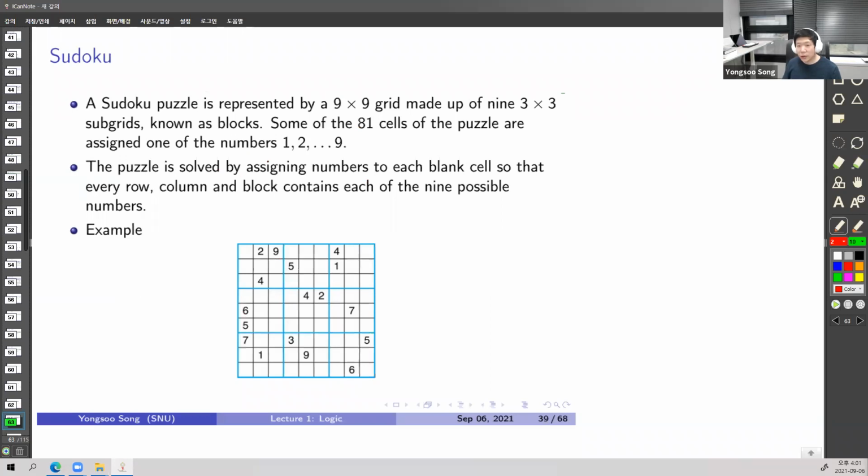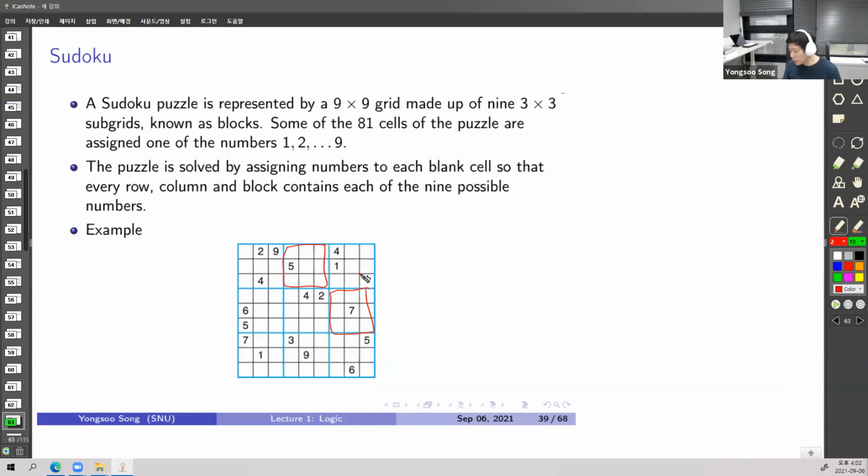So let's look at another example, Sudoku. Sudoku is a puzzle represented by a 9 times 9 grid made up of nine 3 times 3 subgrids known as blocks. So this one is a block and this one is another block. There are 81 cells in total, and these cells will be assigned one of the numbers from 1 to 9.